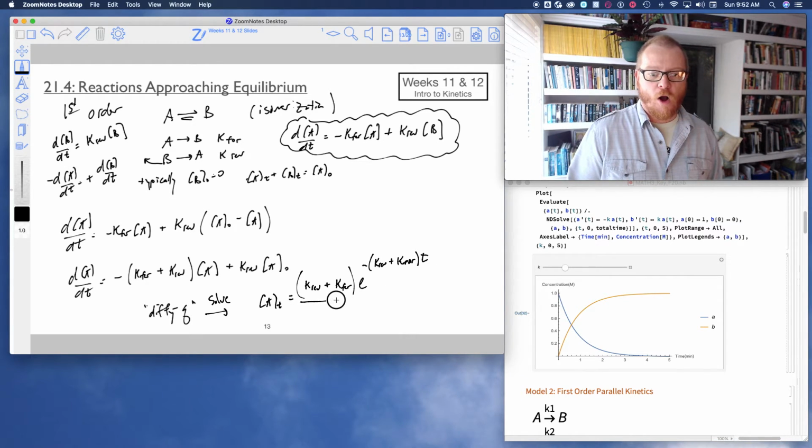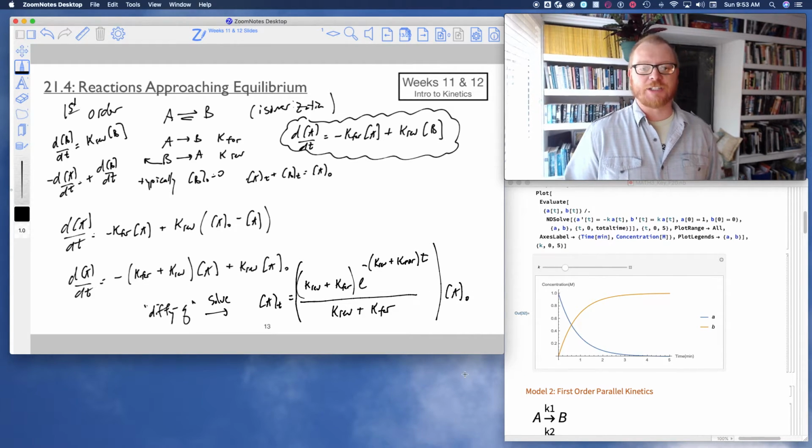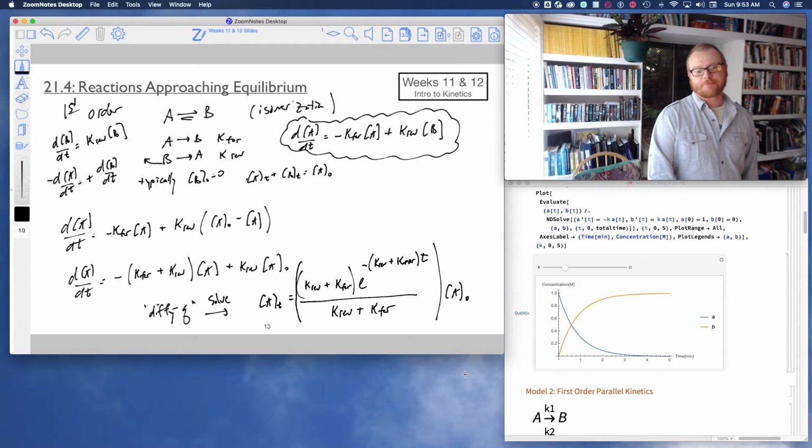Okay? All divided by K reverse plus K forward, all times the A initial concentration.